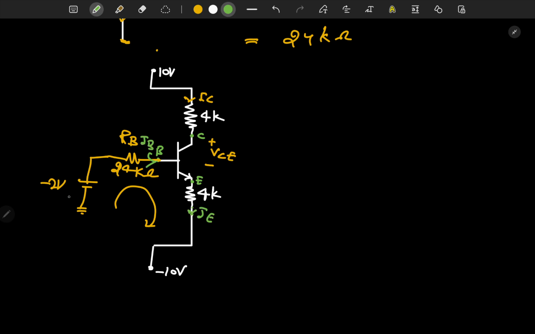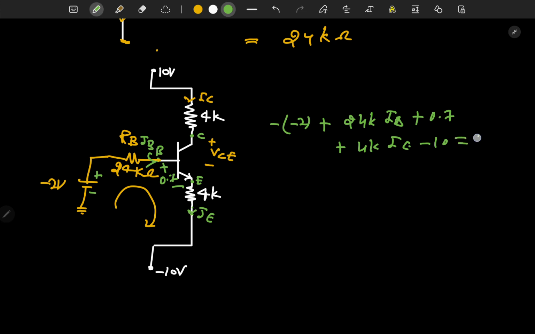Applying KVL: minus of minus 2 volt, plus 24k IB, plus 0.7 volt, plus 4k IE, minus 10, equals 0.